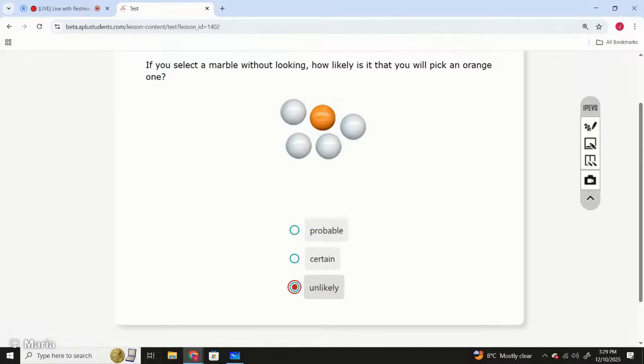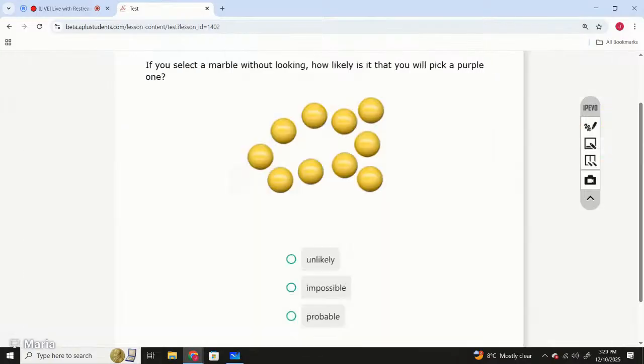The correct option is unlikely. If you select a marble without looking, how likely is it that you will pick a purple one?